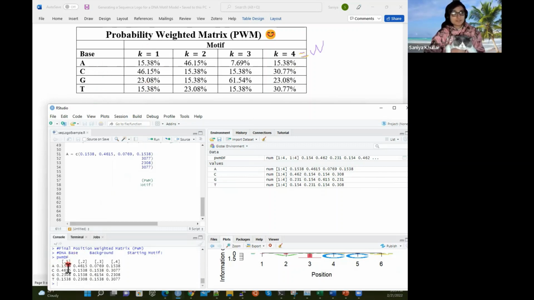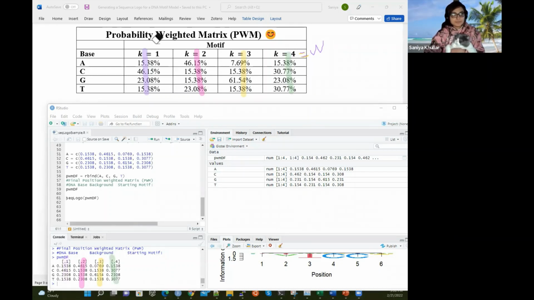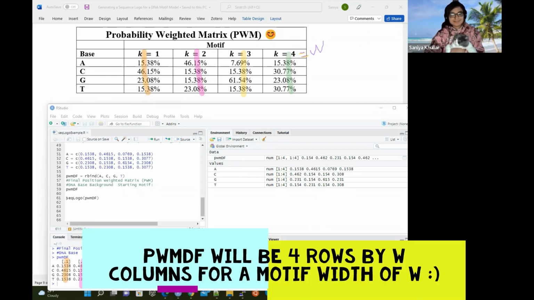The first column is the first position, the second column is the second position, the third column is the third position, and the fourth column is the fourth position. Just to hit that home a bit more, it's like a rainbow. So yeah, they're the same.